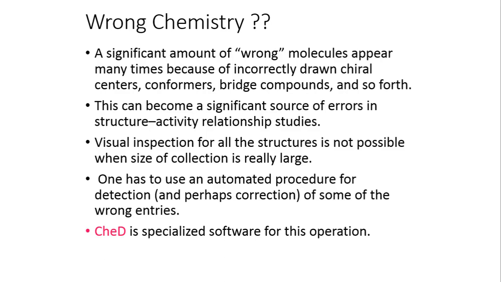So in order to automate this task, there is one specialized software called CHED, and this is a specialized software that can be used for detecting the wrong molecules that are present in your compound library, and how we can remove those wrong molecules.